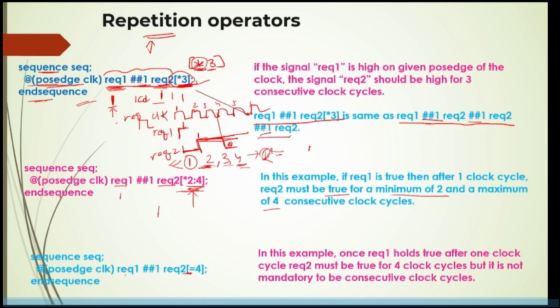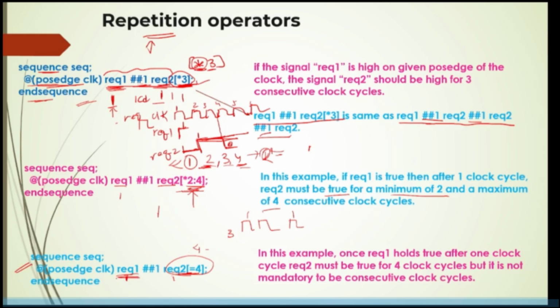That means here, request 1 is high and request 2 will be high for the next 4 clock cycles, but it may not be continuous. After 3 clock cycles it can be high, then after 2, and then after 1 it can be high. But after request 1 is high, for at least 4 times request 2 should be high. It is not mandatory that they be consecutive.